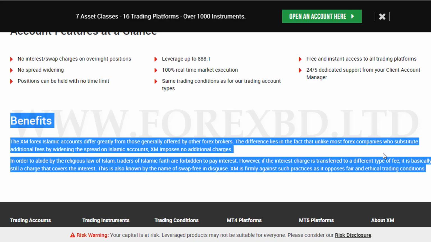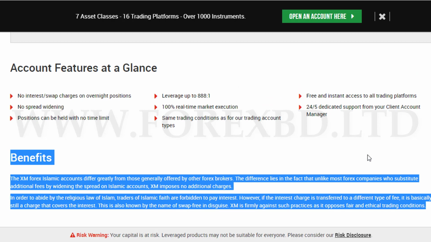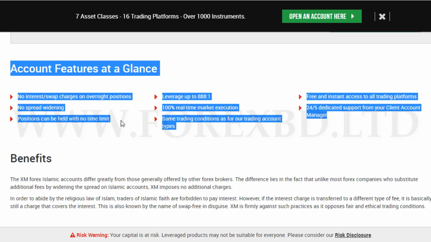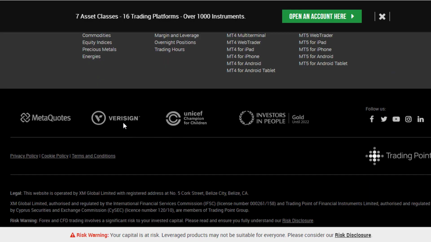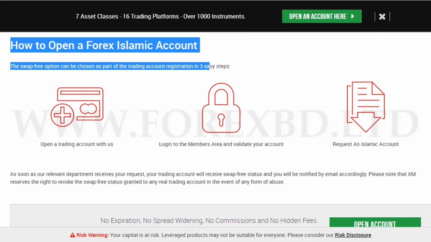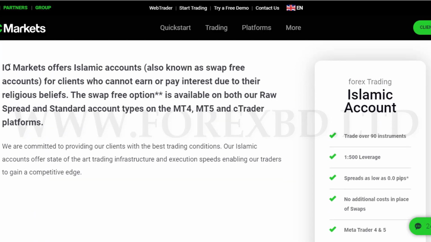So those who want to do forex trading by following Islamic rules can use a swap-free account, because in this account you don't have to pay or accept swap. So this account is called an Islamic account or swap-free account. If you have a swap-free account, you will get this benefit. Most brokers offer a swap-free account or Islamic account.